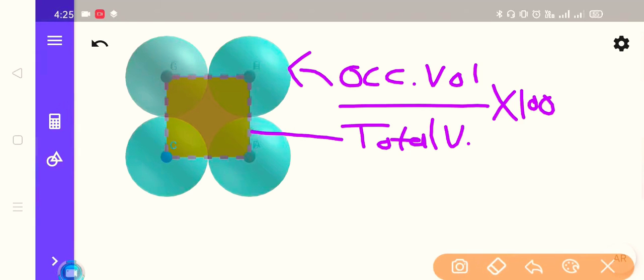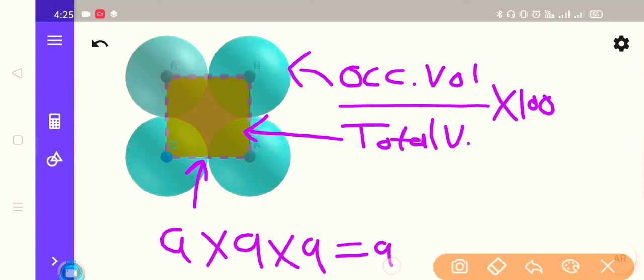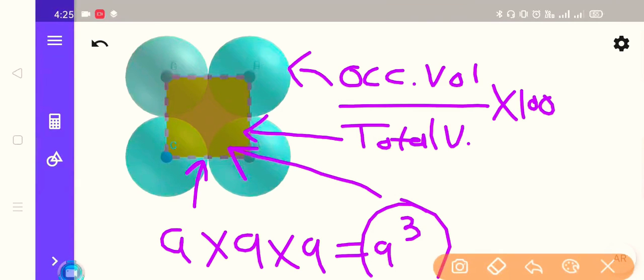Total volume means the volume of the unit cell. As we know, the volume of a unit cell can be obtained by multiplying the edge of the unit cell 3 times. That means a cube. a cube is equal to the volume of the unit cell, since it is cubic in shape.